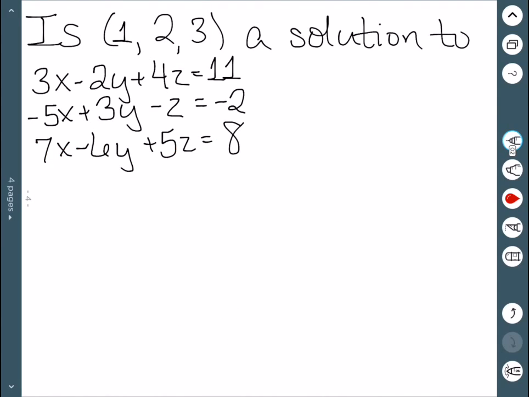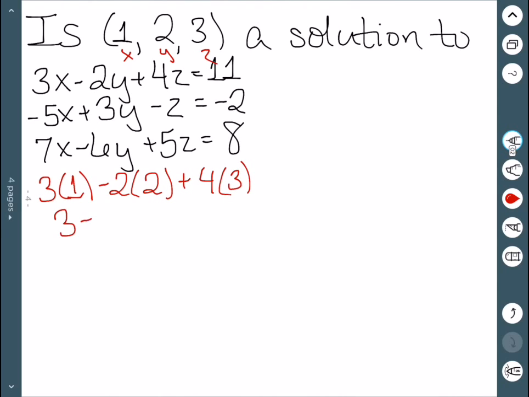Here we have a system of three equations in three variables, and we want to know if 1, 2, 3 is a solution. So this time we have x, y, z. Our first equation, this is 3 times x, which is 1, minus 2 times y, which is 2, plus 4 times z, which is 3. This is 3 minus 4 plus 12, which is equal to 11, which is exactly what we wanted.